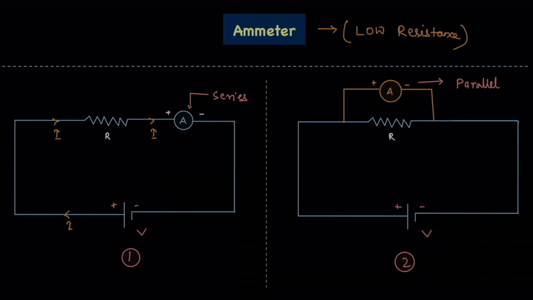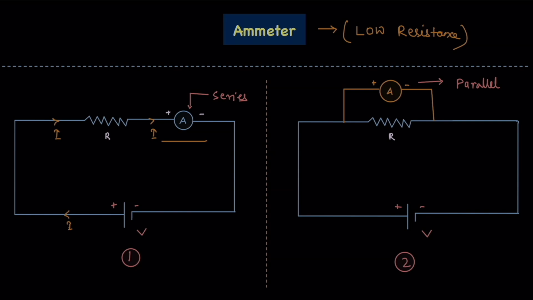If the ammeter has high resistance, it will disturb the flow of current, and due to that, the reading of the ammeter will not be accurate. That's why we consider the ammeter to have low resistance. Here current is moving in only one direction and the ammeter is present in series, so current will pass through the ammeter.